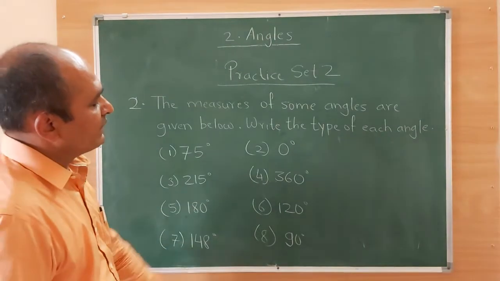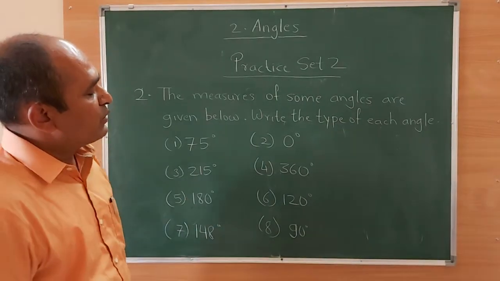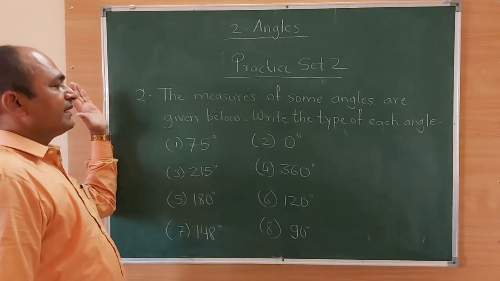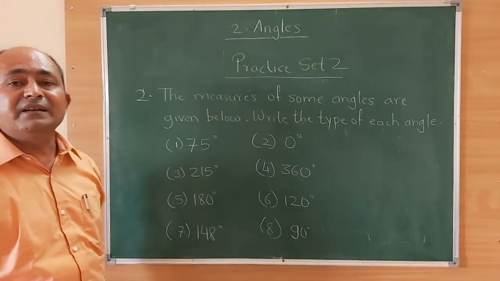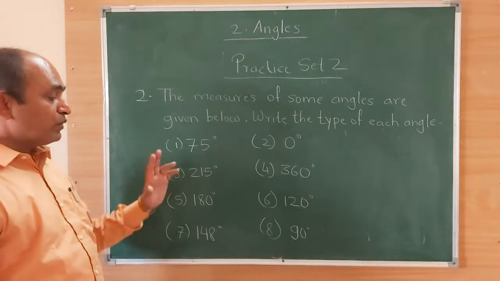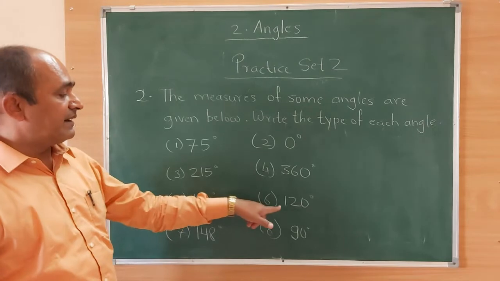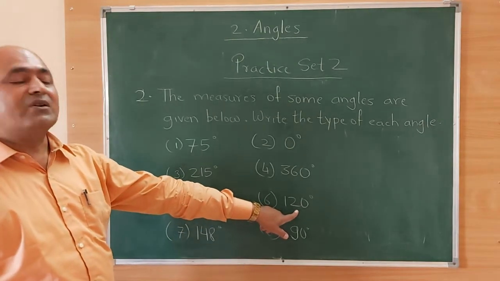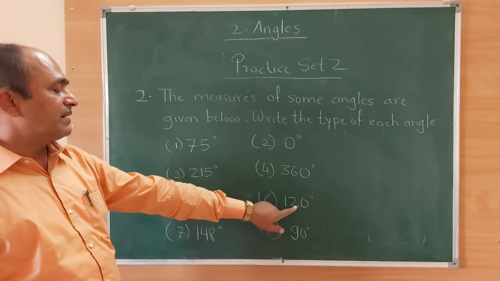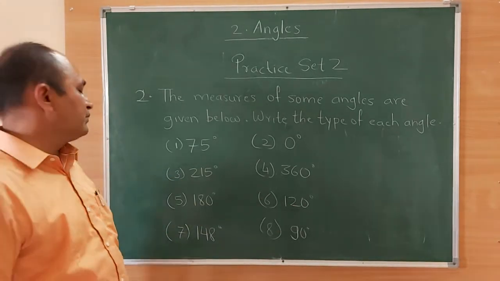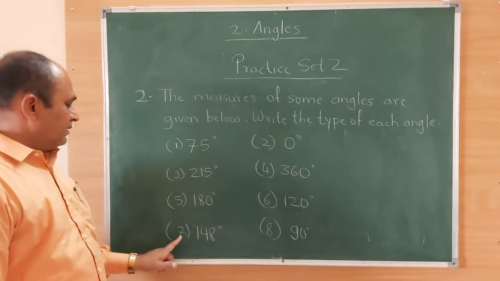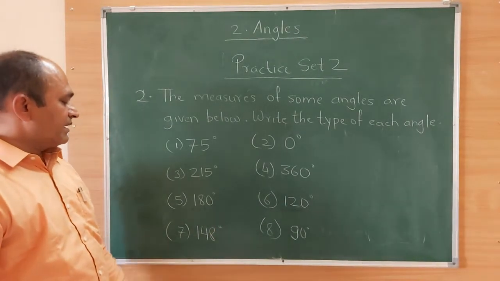Sixth one, 120 degree. Yes, if an angle measures more than 90 but less than 180, such an angle is called an obtuse angle. So this angle which measures 120 degree is an obtuse angle. Seventh one, 148 degree.